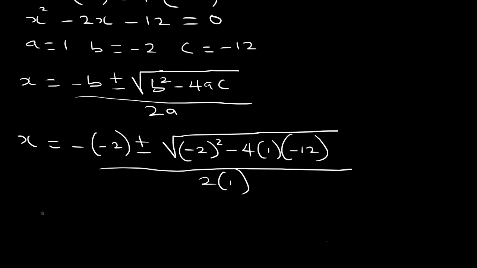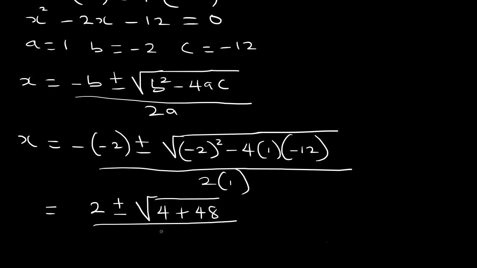And we'll have minus minus is 2, so we'll have 2 plus or minus the square root of minus 2 squared is 4. Then minus 4 times 1 is minus 4. And minus 4 times minus 12 is plus 48. All over 2. And that will give us 2 plus or minus the square root of 4 plus 48 is 52, over 2.